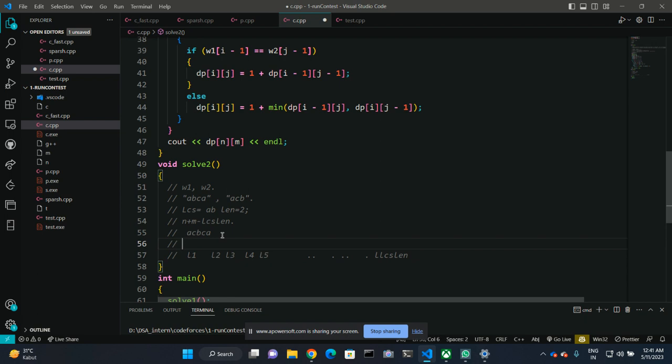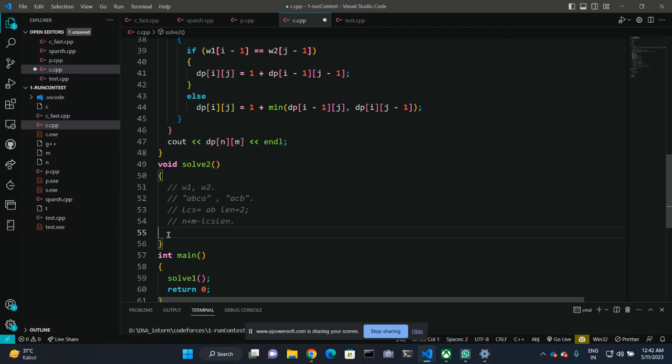In W1 there will be L1, L2, L3, L4, L5, up to the LCS length, and there are some other characters here, X and so on. I will add these here, everything correctly mapped into this string. Now for W2, apply the same. I think you got it. Yes, N plus M minus LCS will be your answer.